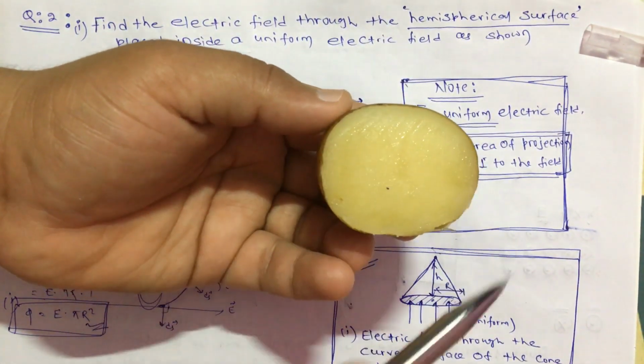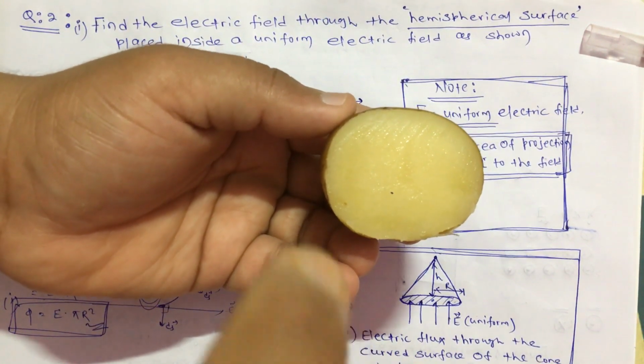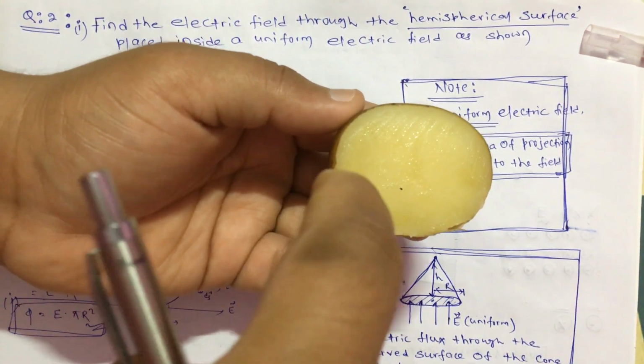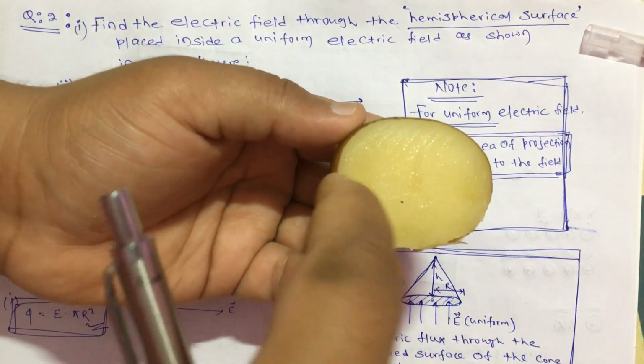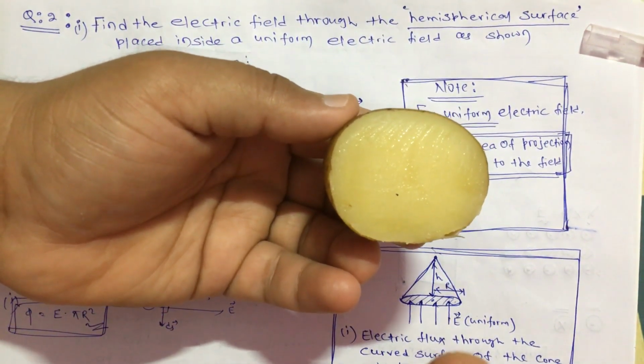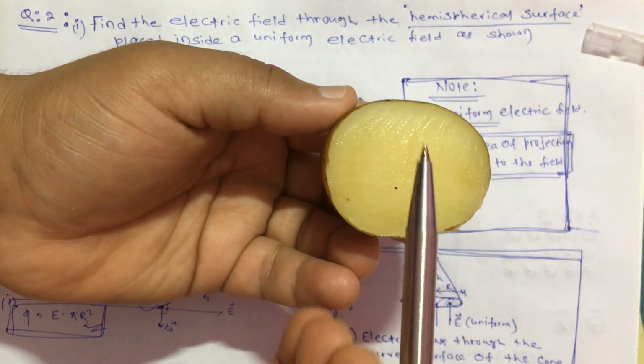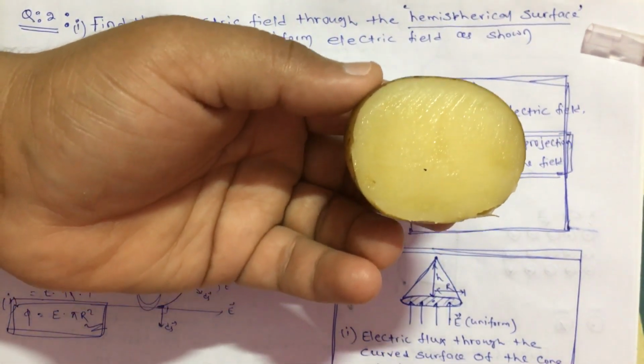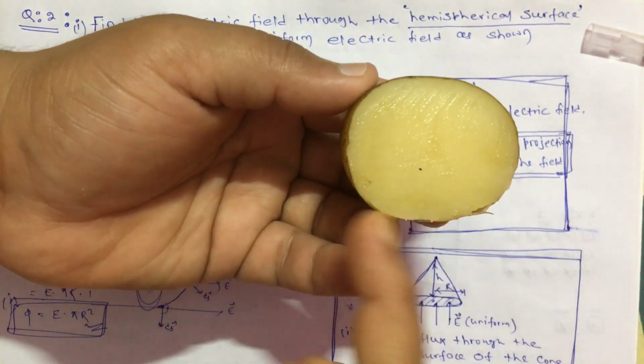Now, if we look at this hemisphere from the direction from where the electric field lines are coming, like this, from here, then this hemisphere does not look like a hemisphere, it just looks like a disc.